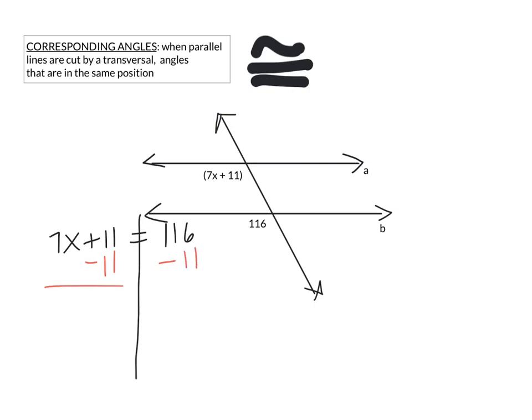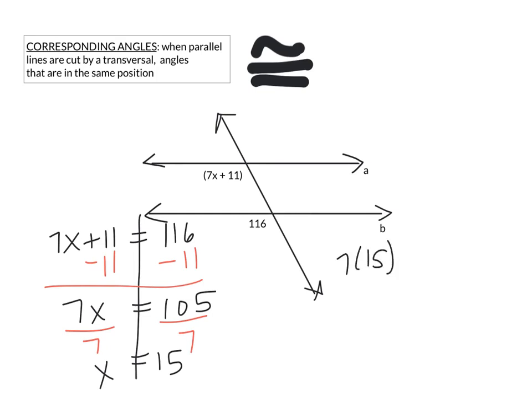I have to undo the addition or subtraction first, so I subtract 11 from both sides, and I get 105. Then I undo the multiplication by dividing, so x equals 15. And if I plug 15 in, 7 times 15 plus 11 gives me 105 plus 11, which is 116, the same as the other angle.